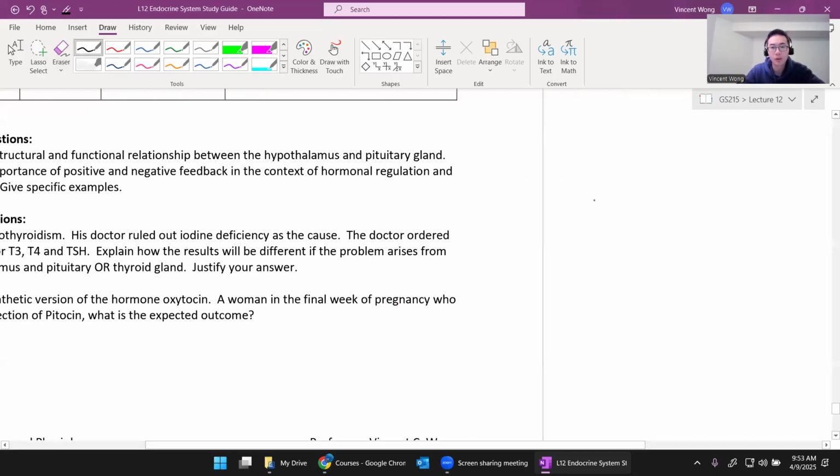Okay, so let's write out the normal path. Right, TRH from hypothalamus, TSH, and T3, T4. So if the problem is here, a problem with the hypothalamus, so we'll say hypothalamus problem.